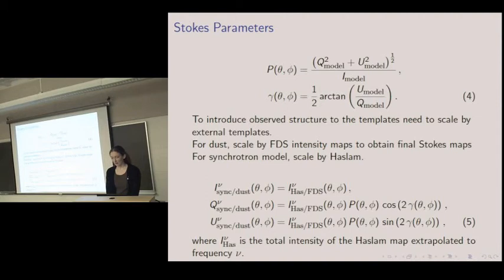So here it's either the Haslam data extrapolated to the frequency that you're looking at, or the FDS template for the dust case.